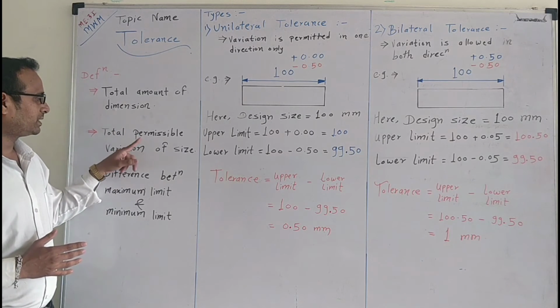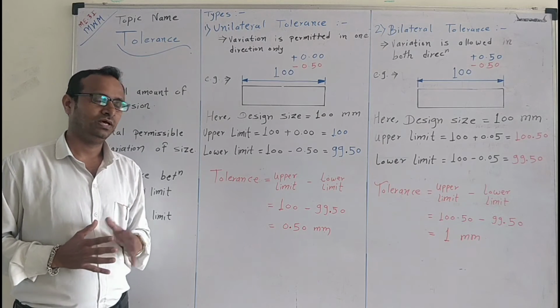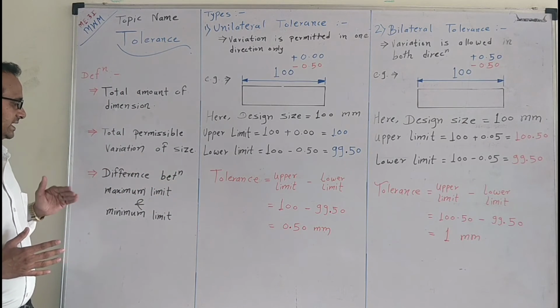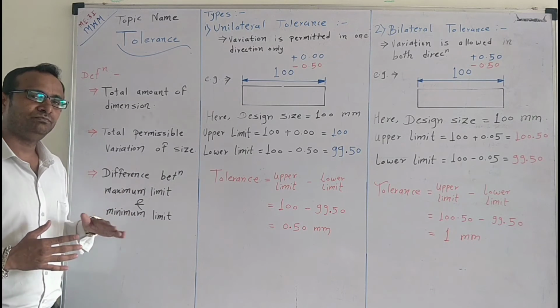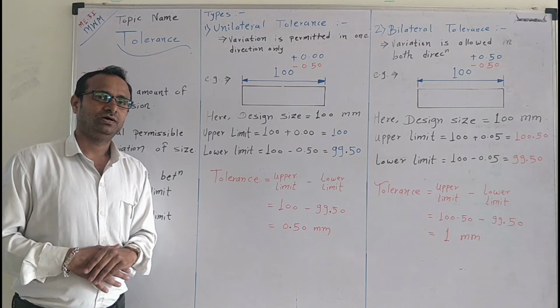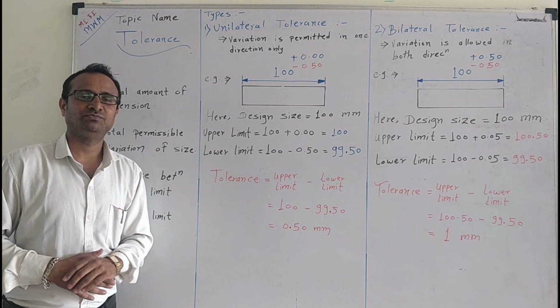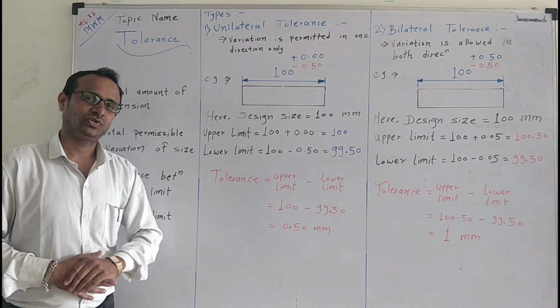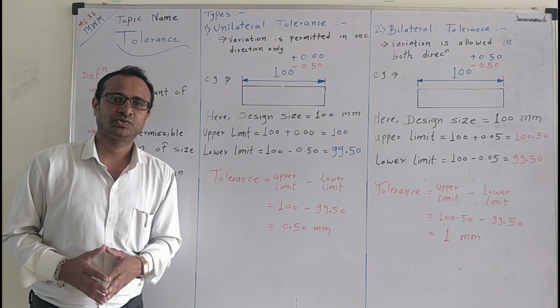It is the total permissible variation, the variation which is permitted, or we can say it is the difference between maximum limit and minimum limit. Tolerance we can also define as the difference between the maximum and minimum limit. So let us see what is meant by maximum limit and minimum limit.